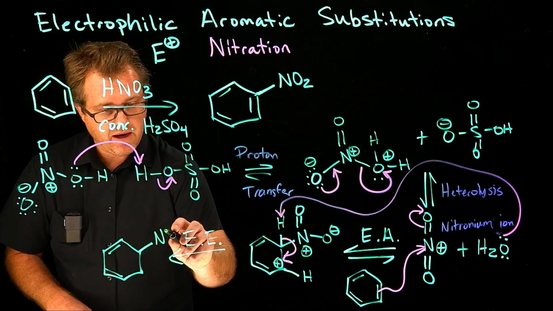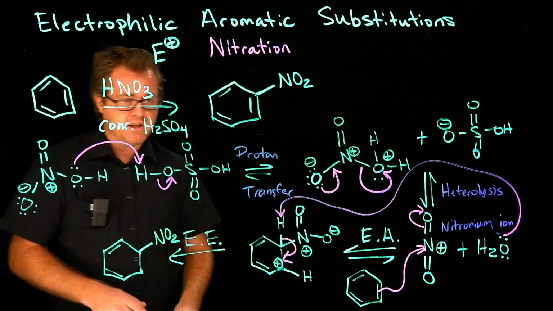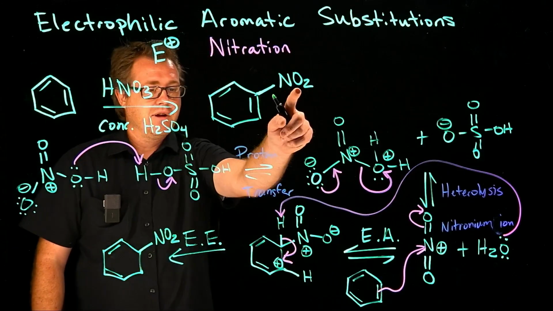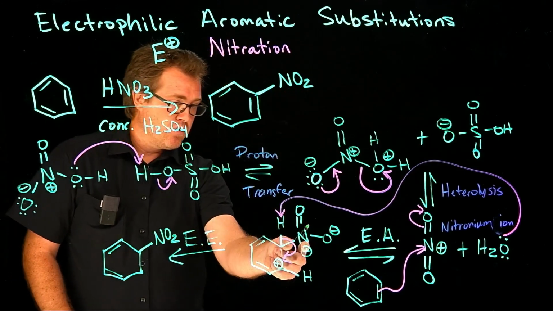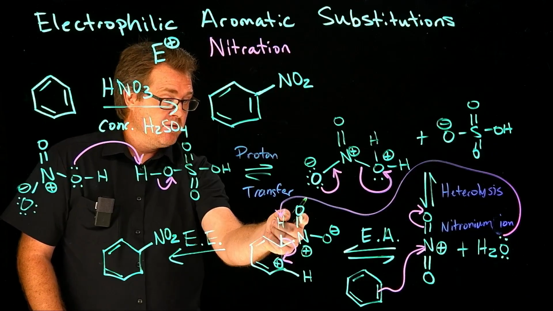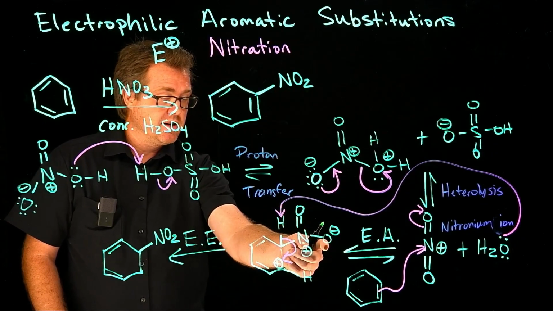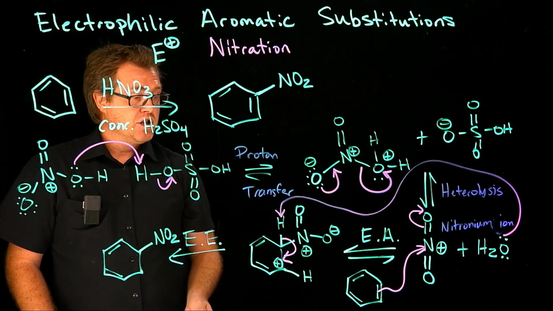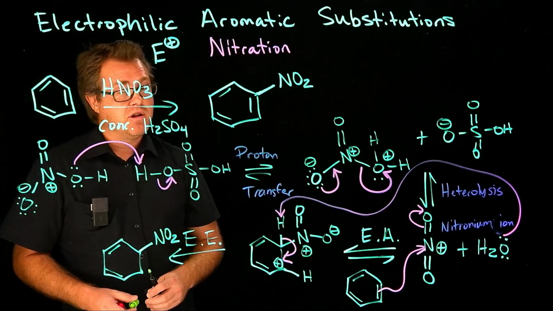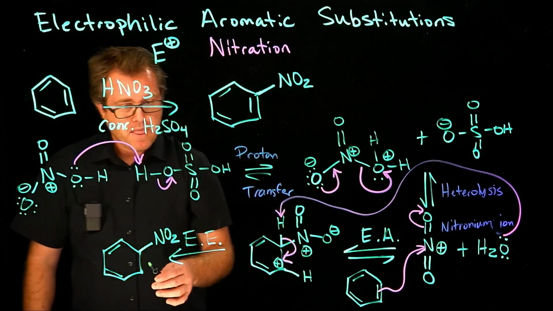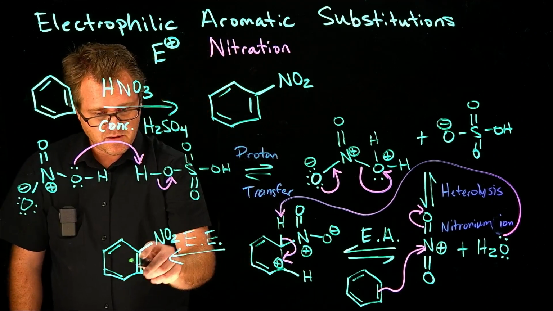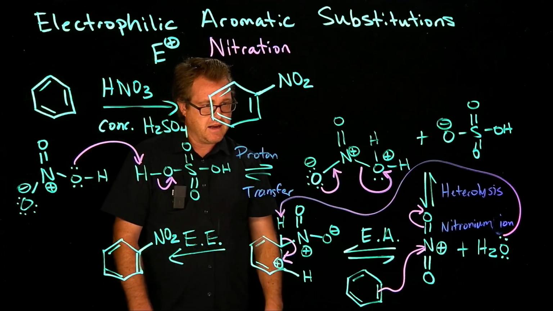The way we write it, we just go NO2 for the nitration. But the nitro group is a nitrogen doubly bonded to oxygen, singly bonded to an oxygen with a negative charge, and the nitrogen itself is positively charged. But what am I missing here? There has to be an aromatic compound.